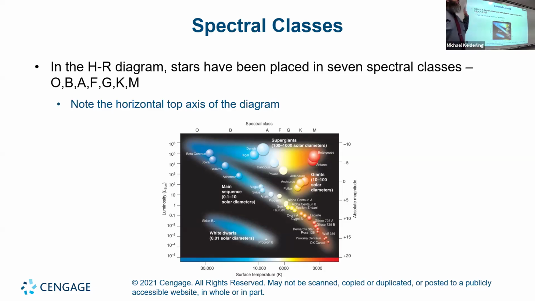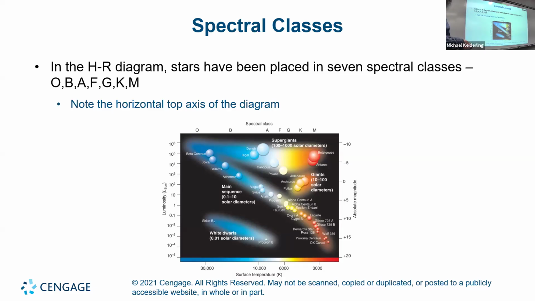And then more letters have been added as time goes on. But it's O, B, A, F, G, K, M. There's a few other ones that are for special cases, generally much cooler stars. But yeah, those are the spectral classes. The hottest is O, the coolest is M. Our sun is a G class star.